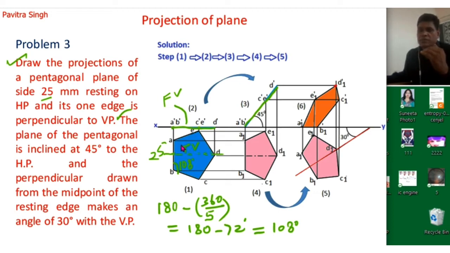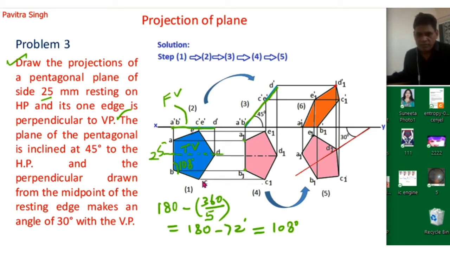The intersection of the horizontal line and vertical line will give you a new point. So now we will draw one horizontal line from point A and a vertical line from point A dash, and we will get this point A1. Again, a horizontal line from point B and a vertical line from point B dash, and we will get this point B1.